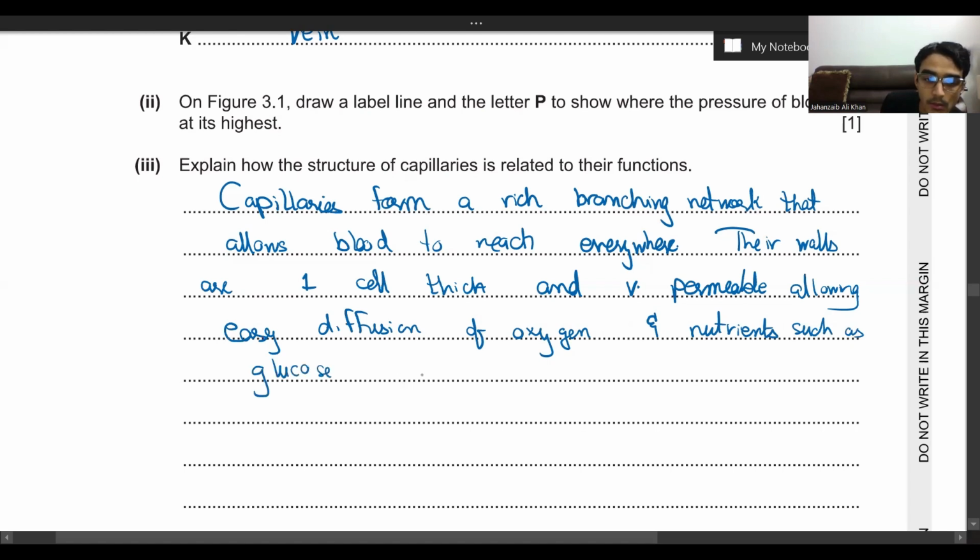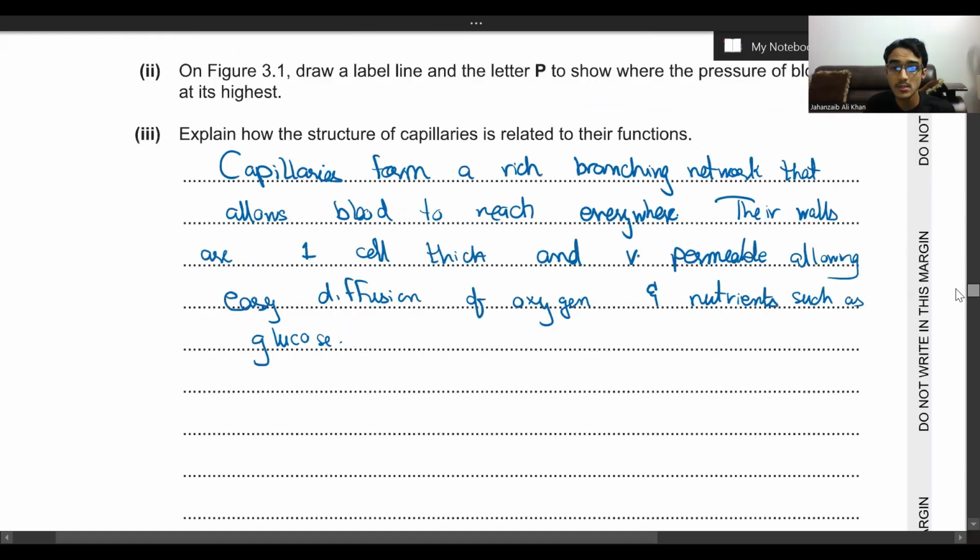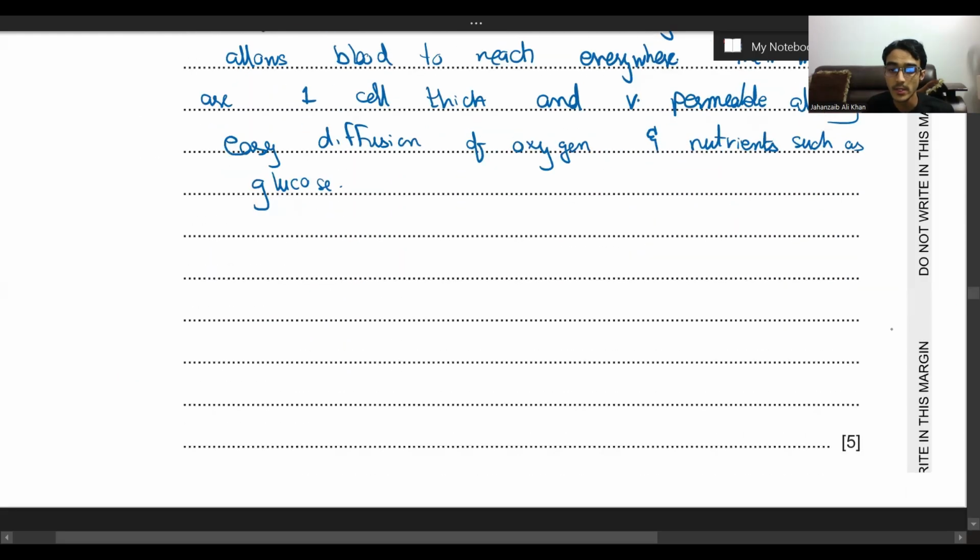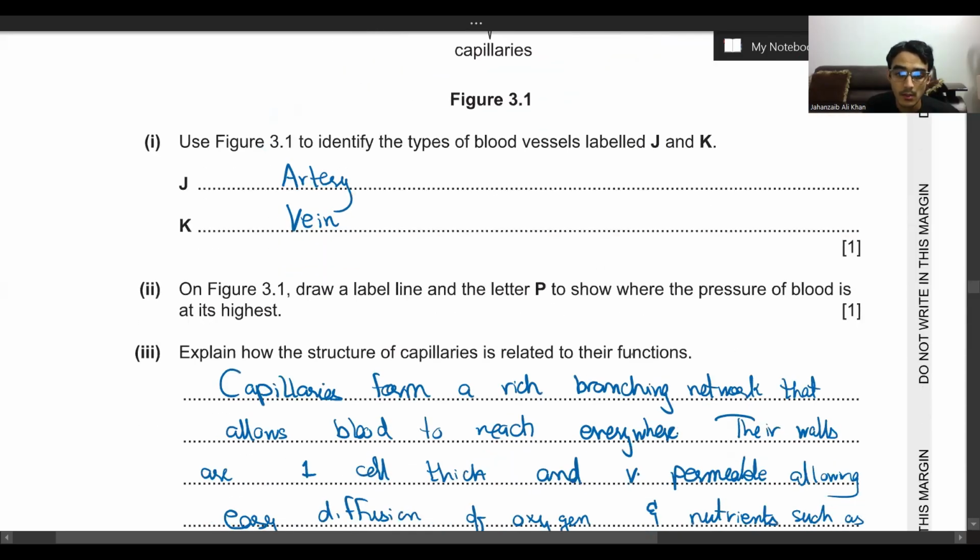Easy to remember. This should suffice. Remember, you do not have to fill out the space, you just have to consider the marks for a question. We've got 5 marks for this question, and I'm pretty sure we've covered 5 points. They form a branching network so that the blood reaches everywhere. The walls are one cell thick, very permeable, allowing easy diffusion of oxygen and nutrients. So we've got plenty of points.